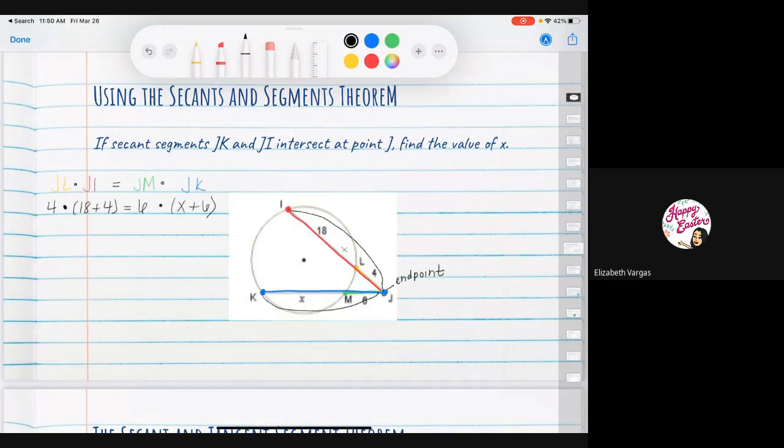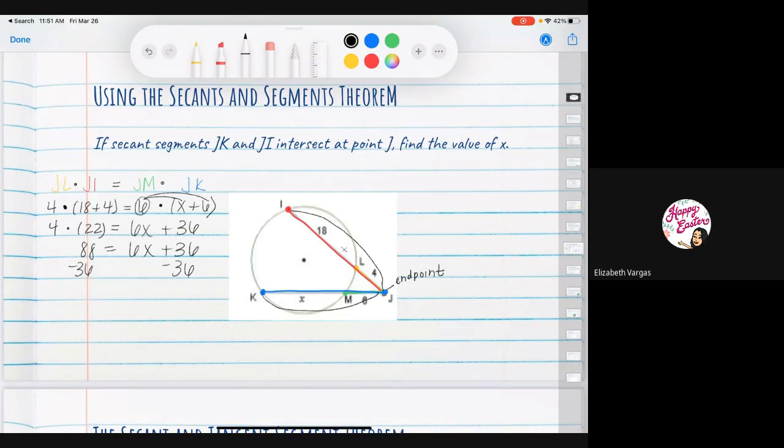Okay, so now I can simplify: 4 times 22 is equal to, and I can go ahead and distribute this, 6x plus 36. 22 times 4 is 88, which is equal to 6x plus 36. Am I able to solve for x? Well, yes, I am. I just need to isolate x.